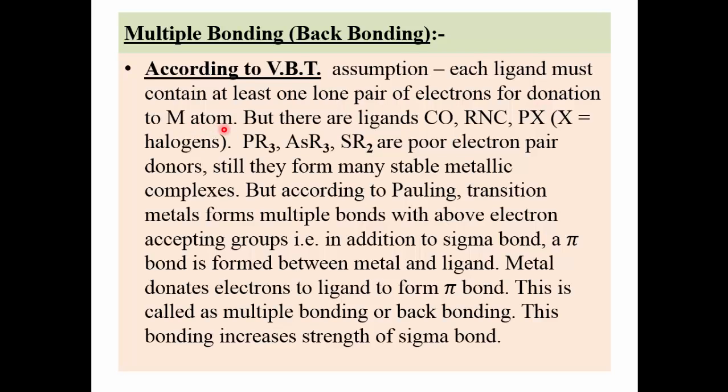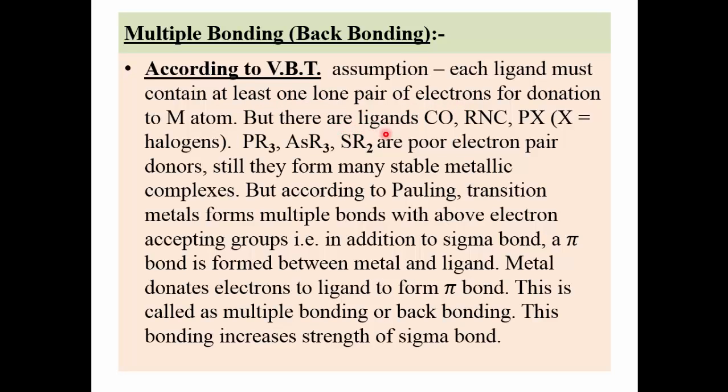There is an overlap of a filled ligand orbital with an empty orbital of the metal ion, and at that time the ligand donates an electron pair to the central metal ion or atom, and then there is formation of a covalent or coordinate bond. That means for this purpose the ligand must contain at least one lone pair of electrons.